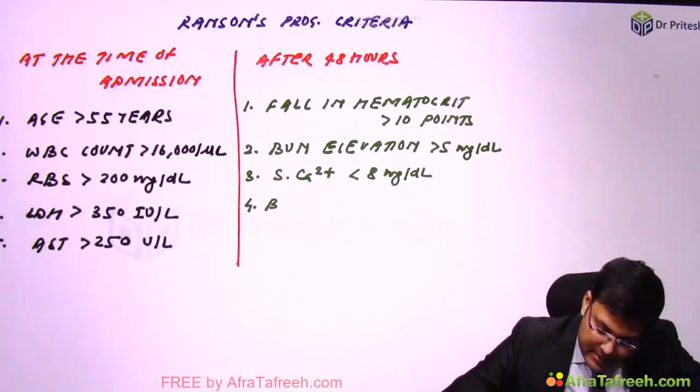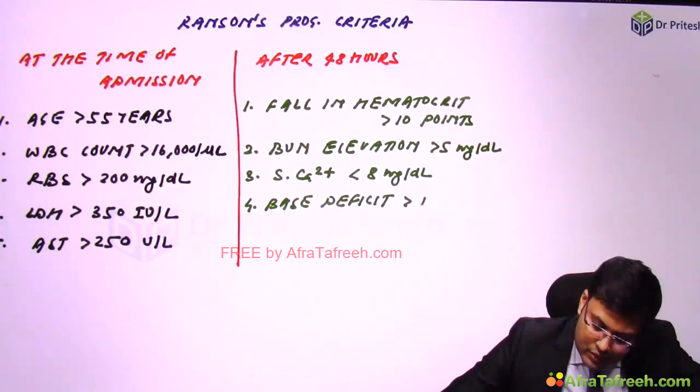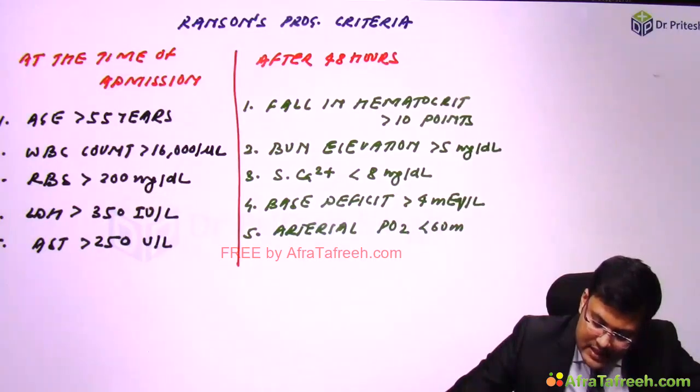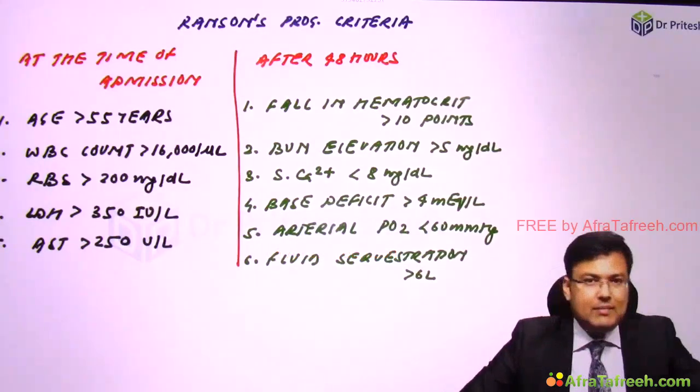Fourth, base deficit more than 4 milliequivalent per liter. Fifth, arterial PO2 less than 60 mmHg, and fluid sequestration more than 6 liters. So these are total 11 parameters.